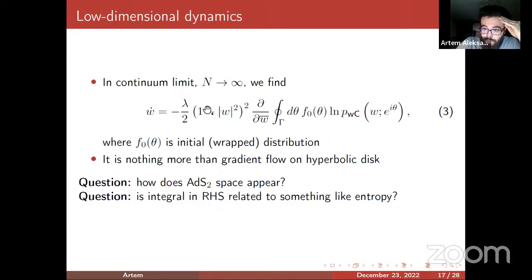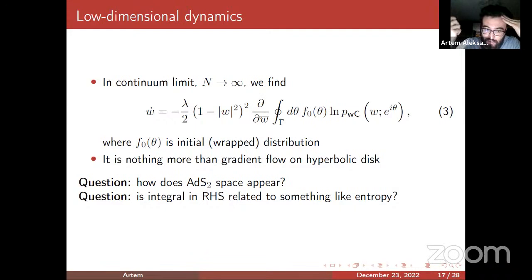And the equation for W becomes this, and here I integrate over the contour of length 2 pi, and we ask 2 questions. The first question is very natural, because it was shown previously that Kuramoto model dynamics is tightly related to gradient flow in hyperbolic space.